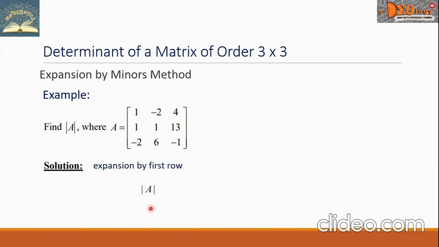Determinant of A now is equal to, the first group is this element 1 multiplied by the determinant of the square matrix 1, 13, 6, negative 1, respectively. Minus the second group will be negative 2 times the determinant of the square matrix 1, 13, negative 2, negative 1, respectively.